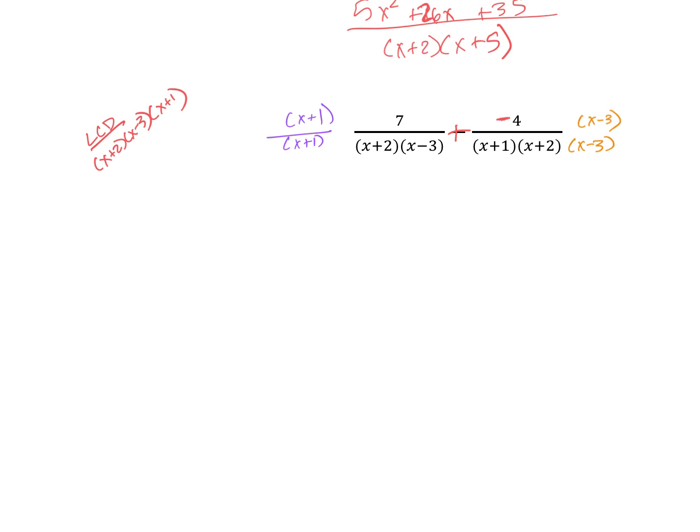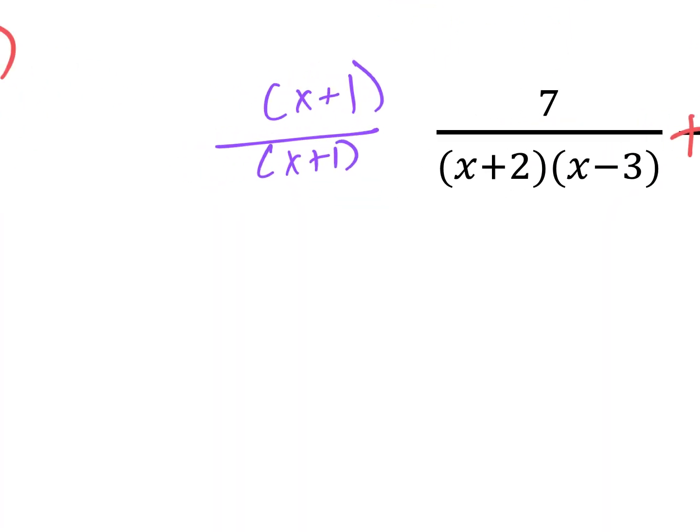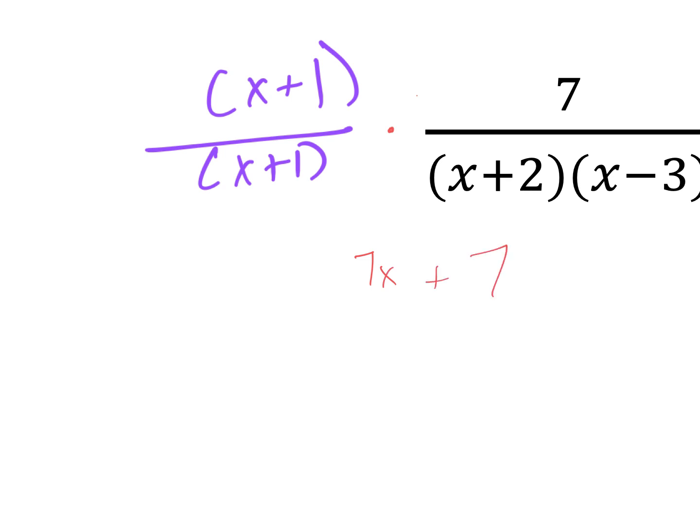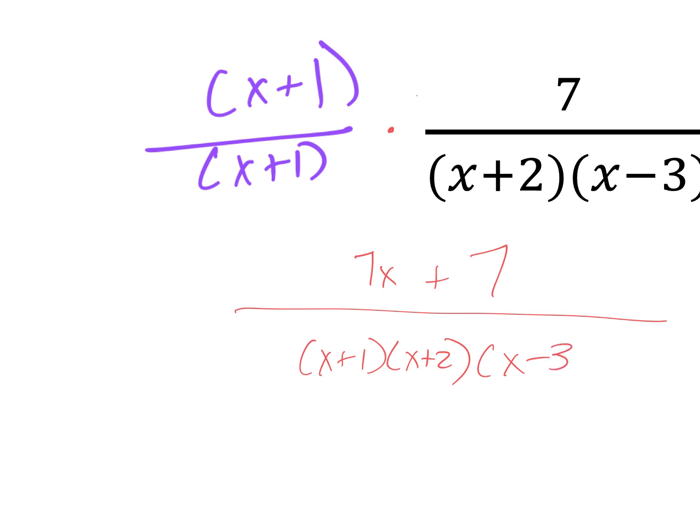Looking at just the first fraction, what should I have now? X plus 8. These are being multiplied. Remember, we're multiplying by this. So instead of x plus 8, how about 7x plus 7? Is that okay? Times x plus 1, x plus 2, x minus 3.